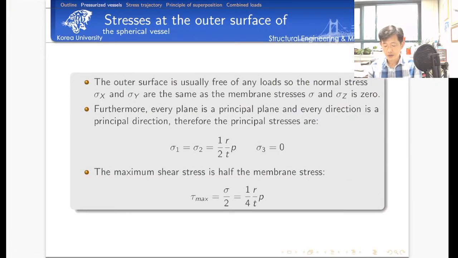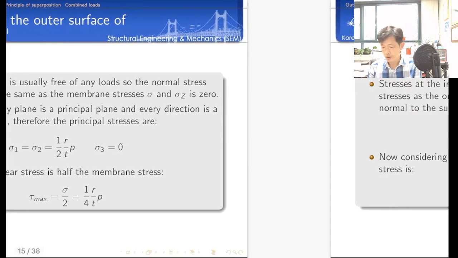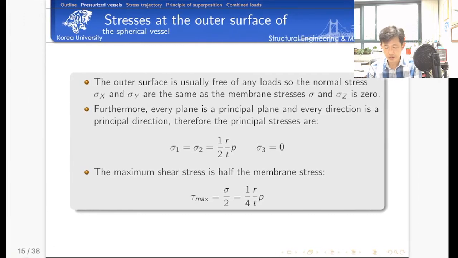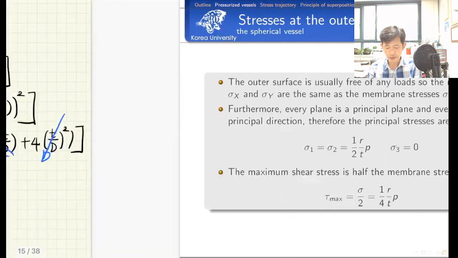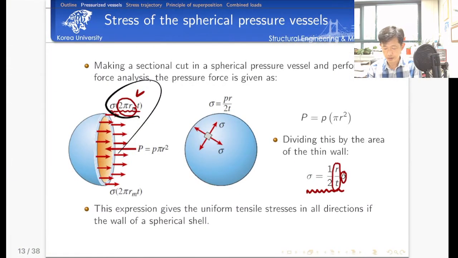Alright, here we'd like to talk about the stress condition at the outer surface and the inner surface. Because this is symmetric, if you choose a material point, the membrane normal stress is the same in any direction, okay?